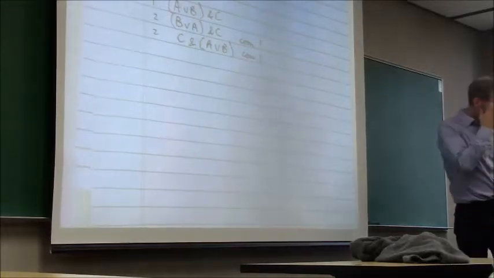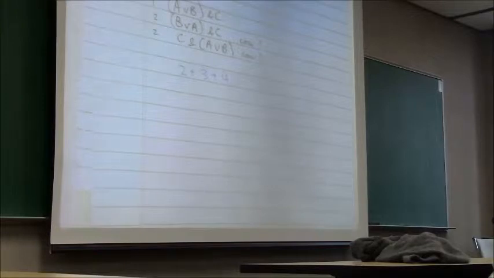Also, something we should be familiar with from pretty basic math. Suppose I have 2 plus 3 plus 4. Now, suppose I'm a stickler and I say, I don't like seeing that, I want parentheses. Does it matter if I put them here? Does it make a difference where I put them?